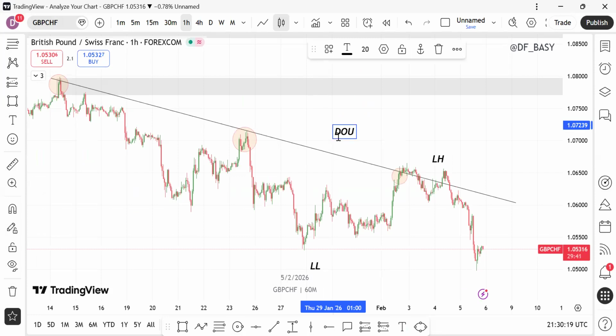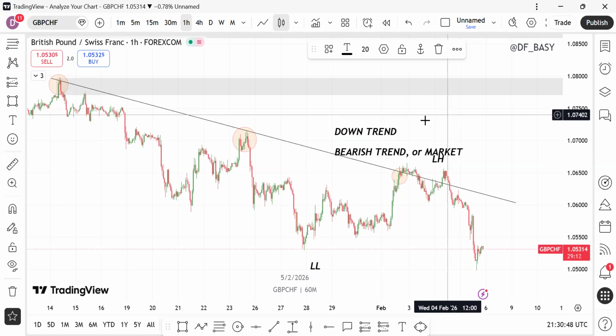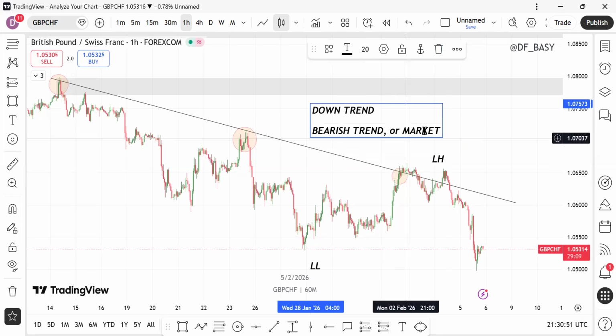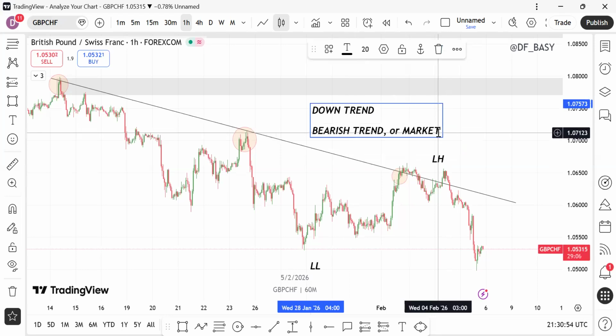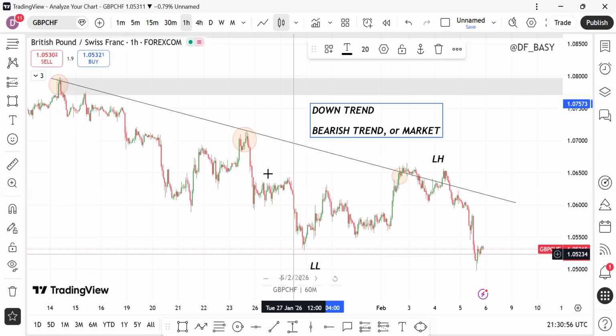You've used your trend line to identify that the trend is a downtrend, or you can call it a bearish trend, or a bearish market structure.